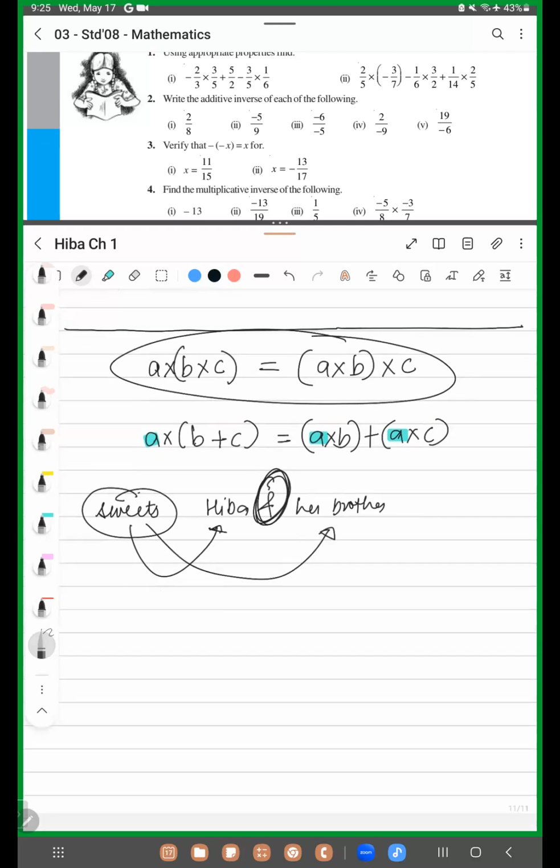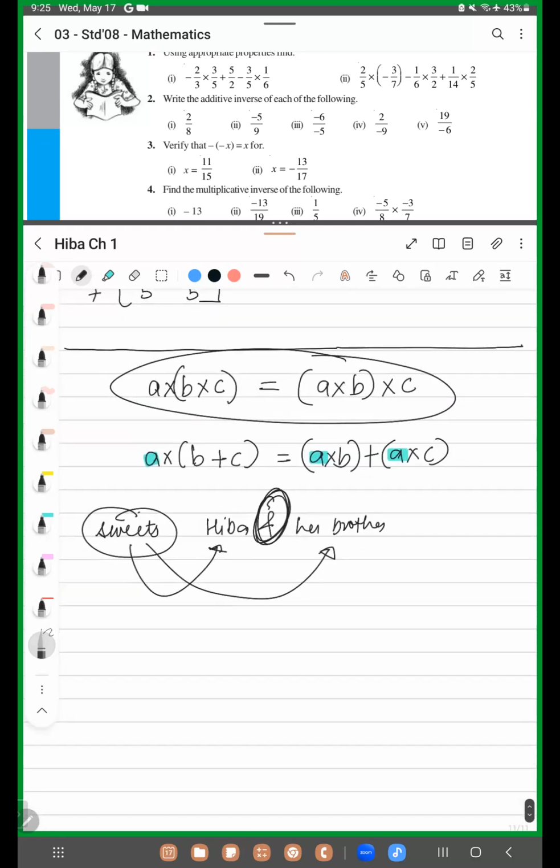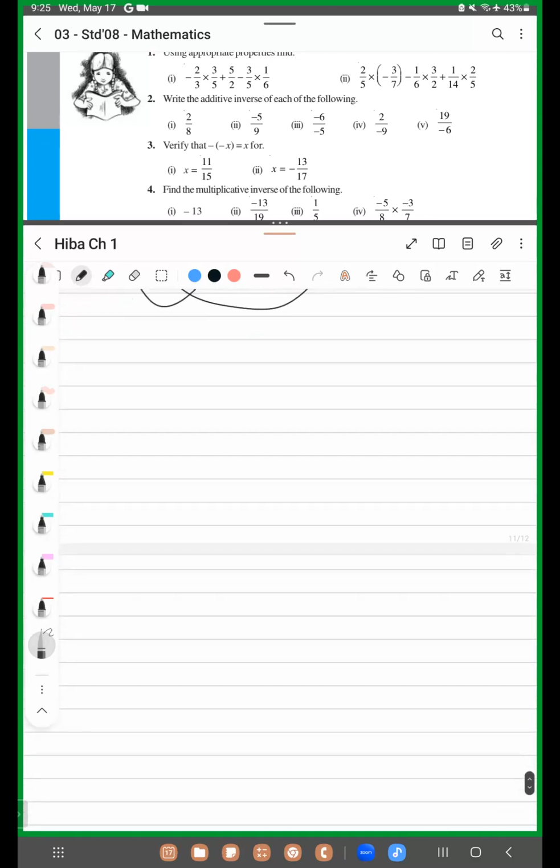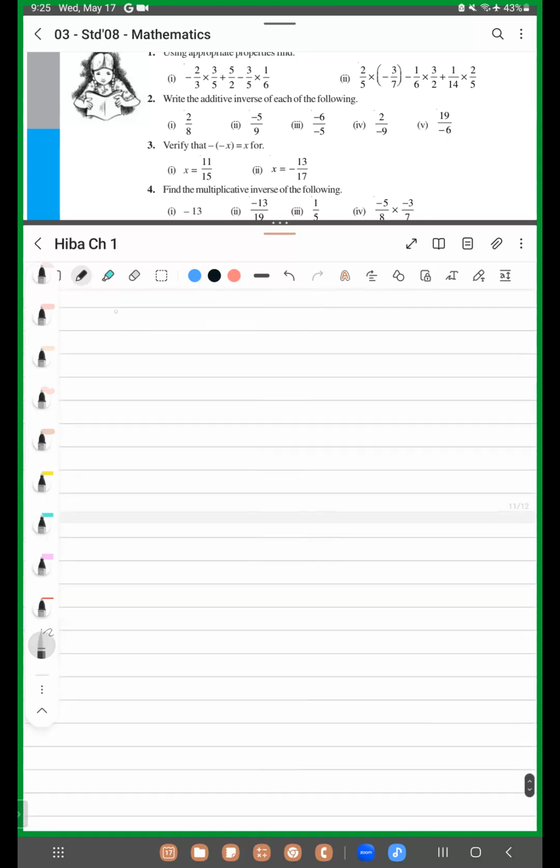Now, what is the associative property? It basically means that if I say Hiba and her brother and sister came to my party, or I say Hiba's brother and sister came and Hiba also came, same thing, right?